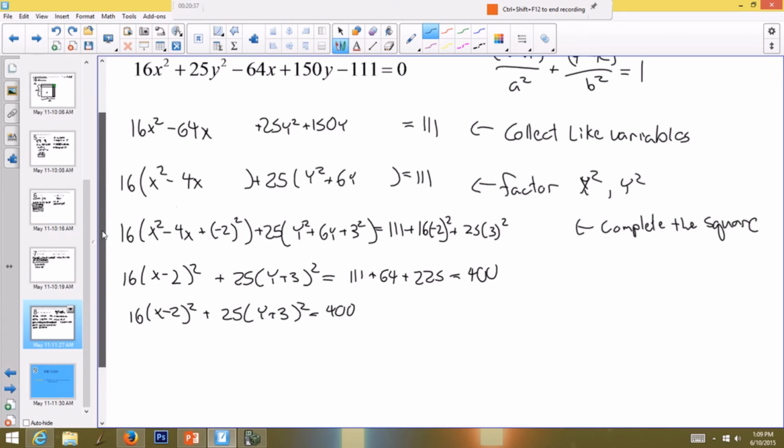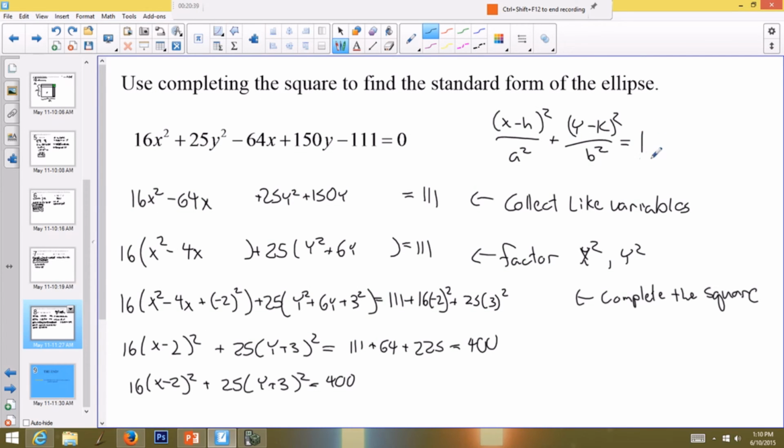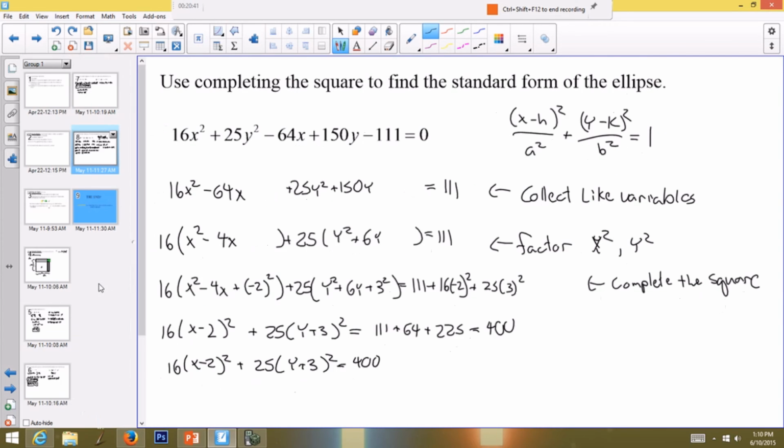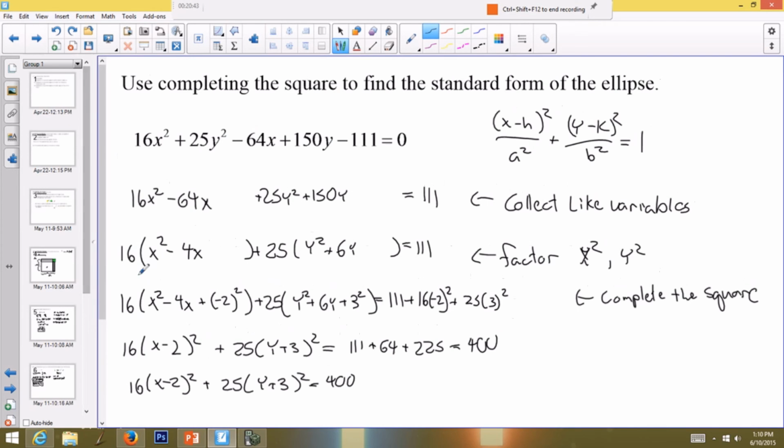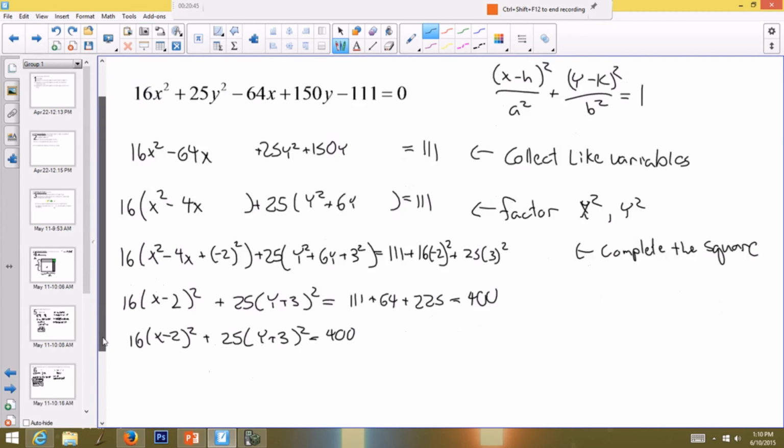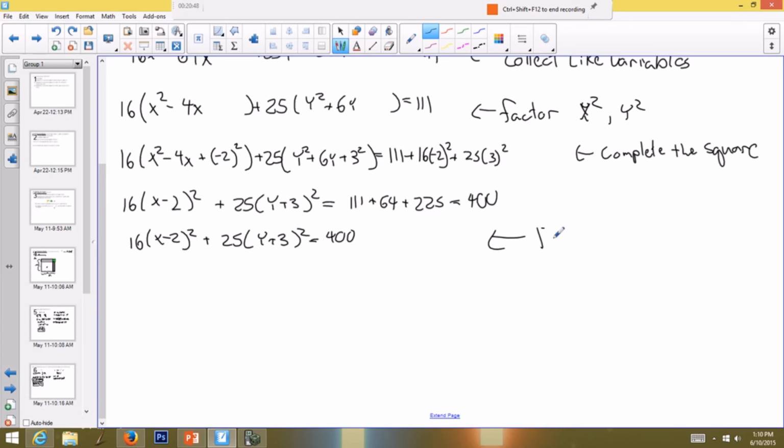We're real close here, folks. I have to have that 1 there. So what we want to do is divide both sides by whatever number you get here, that's what you're going to divide by. So divide by 400, divide by 400, divide by 400.